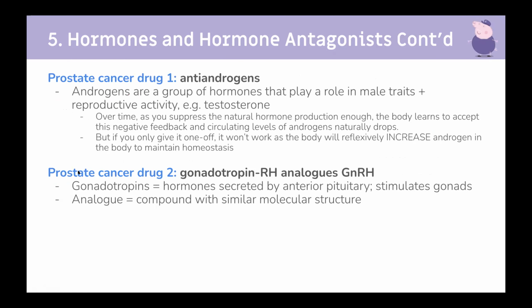Gonadotropins are the hormones secreted by your anterior pituitary gland, and they stimulate the production of androgens from your gonads. So if we inhibit your gonadotropins, then you have less androgens secreted from your gonads.